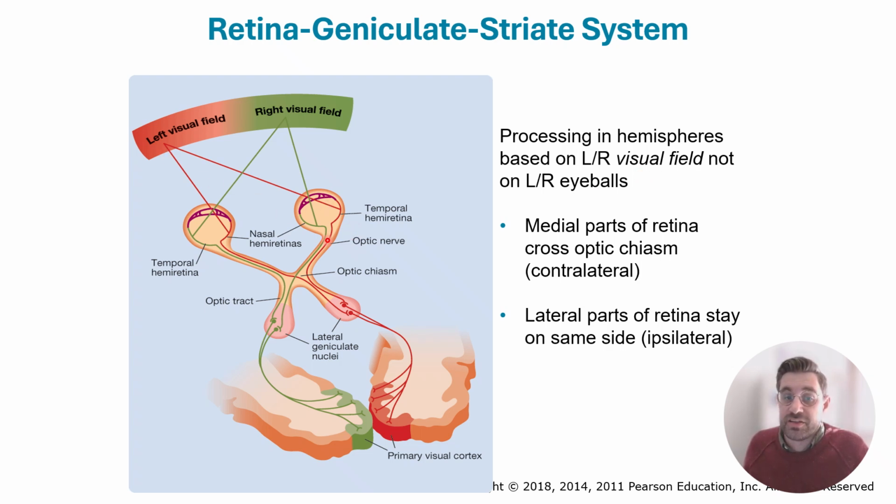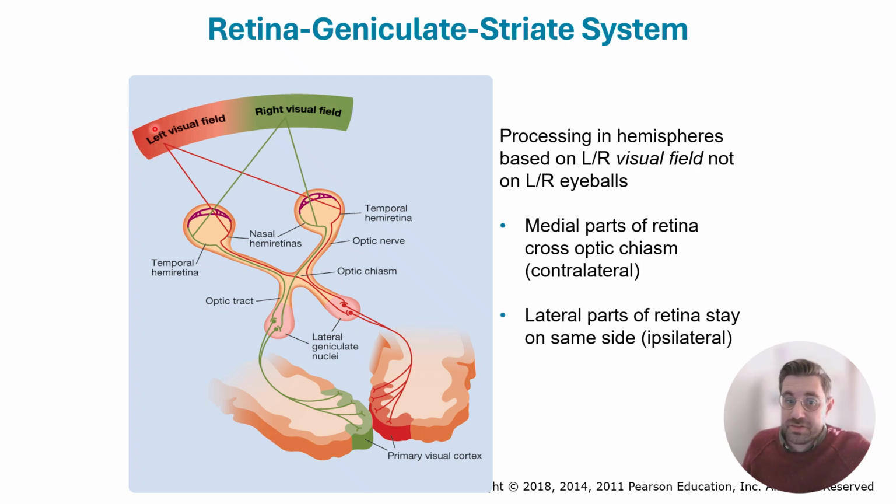The right eye is going to send sub-signals to the right hemisphere and sub-signals to the left hemisphere. The way we accomplish that is that the nasal hemiretinas, the middle parts of the eye, cross at the optic chiasm. So things off to the right hit my right eye toward the middle and cross.